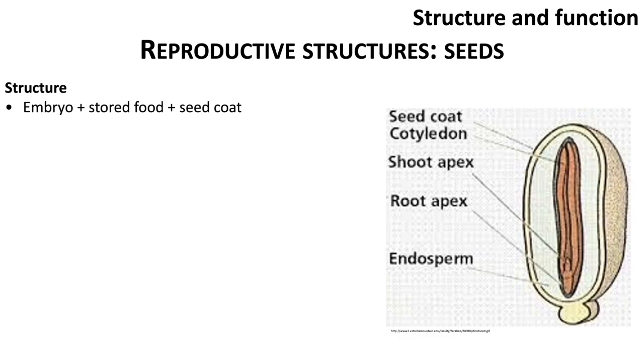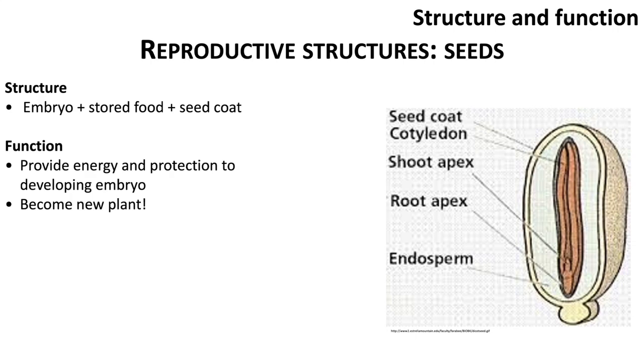And our last angiosperm structure are the seeds. A seed contains not only the embryo, or new baby plant, but also stored food for that plant and a seed coat to protect it. Here you can see the seed coat, the endosperm, which is the stored food, and the embryo, which consists of the regions that will grow into the shoot and root systems, and the cotyledons, or first leaves.